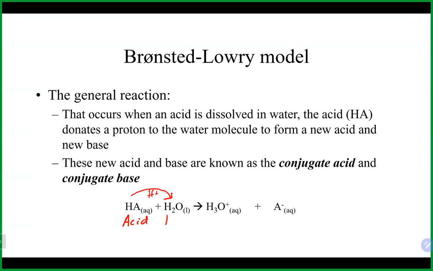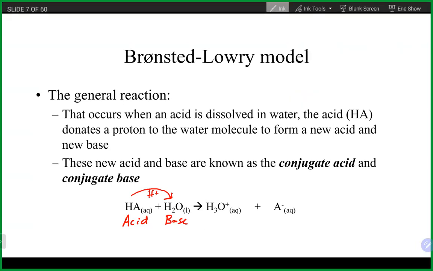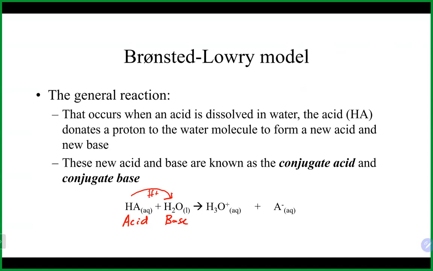And in this case, the water would act as the base, as it will accept the H plus. The consequence of the Bronsted-Lowry definition is it will create partners on the other side of the arrow. So we will always have our acid and bases on the left-hand side of the arrow, or the reactant side, and then they will have partners that they create on the other side that they're related to.